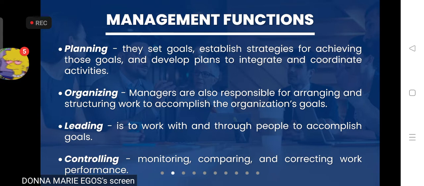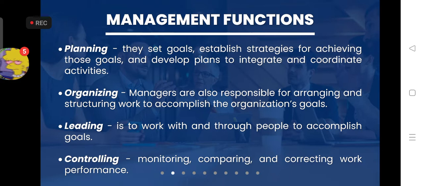So next we have organizing. Managers are also responsible for arranging and structuring work to accomplish the organization's goal. In this management function, employees are grouped together to perform specific jobs or tasks. For example, the managers will determine what each of their subordinates should do, how the tasks are to be grouped, who should report to whom, and where decisions are to be made.